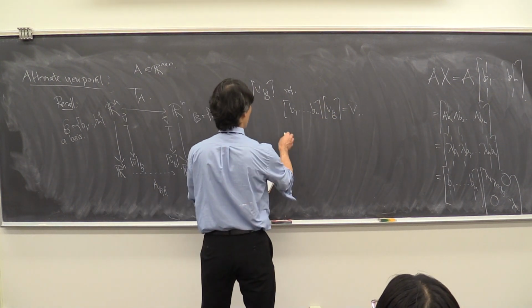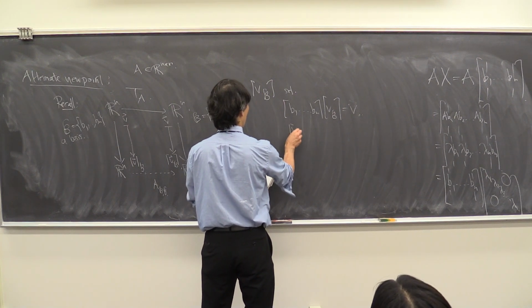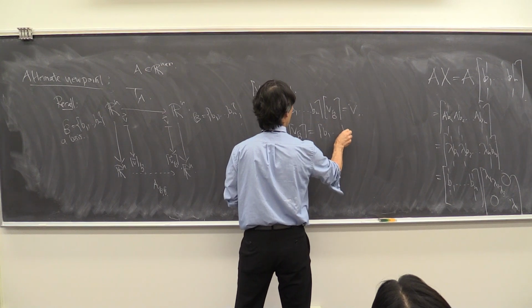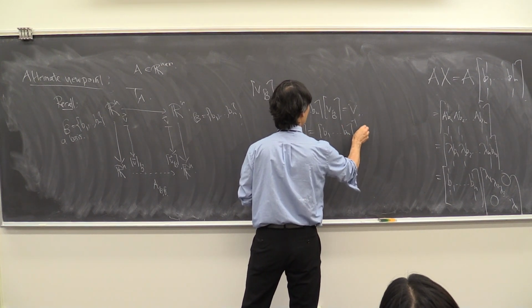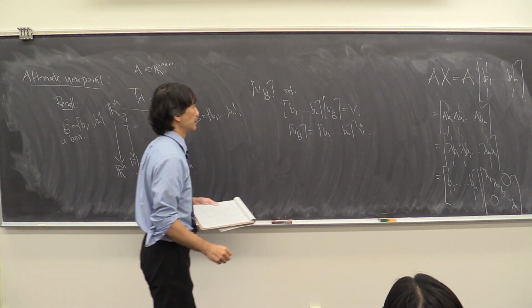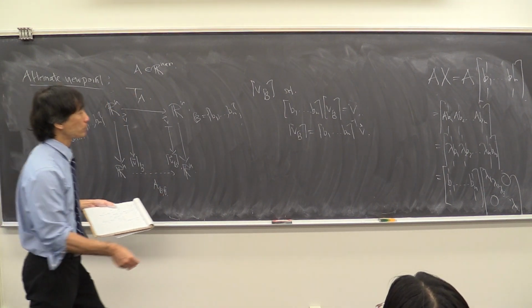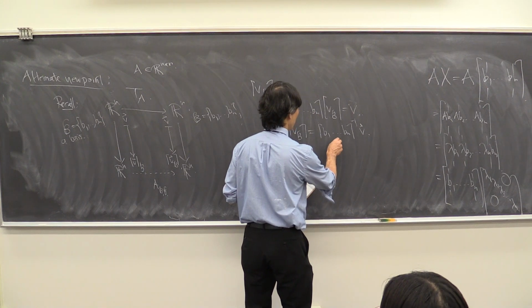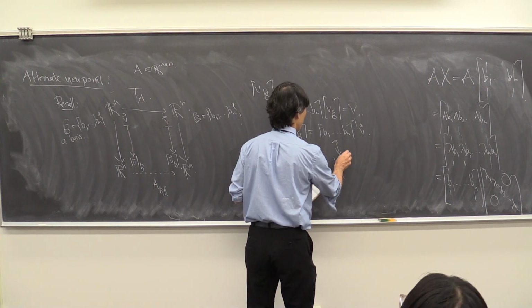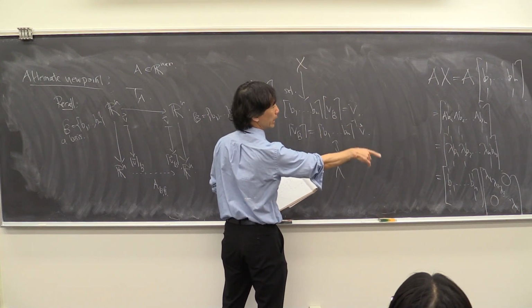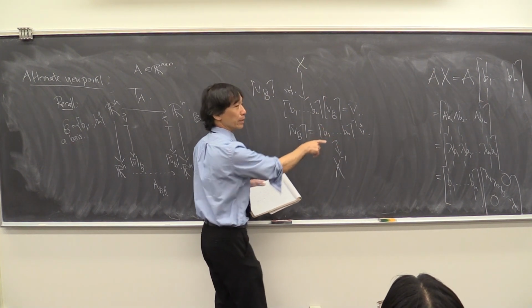So in other words, V_B was the inverse of b1 through bn times V. We have been calling this thing X, so this guy is X inverse.